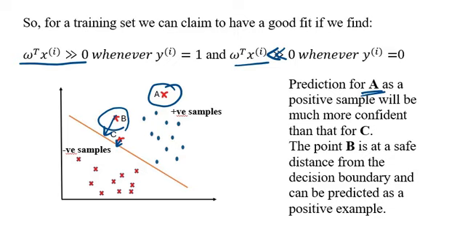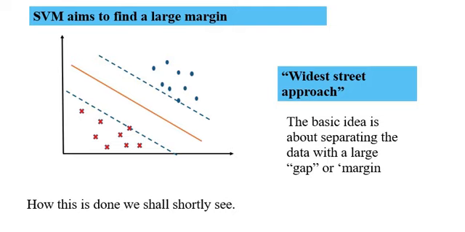So, we can see here that around the decision boundary, after up to a certain distance, we feel safe in predicting a class, and within that, we will not be so sure. So, this is what SVMs aim to find: a large margin, also known as the widest street approach.